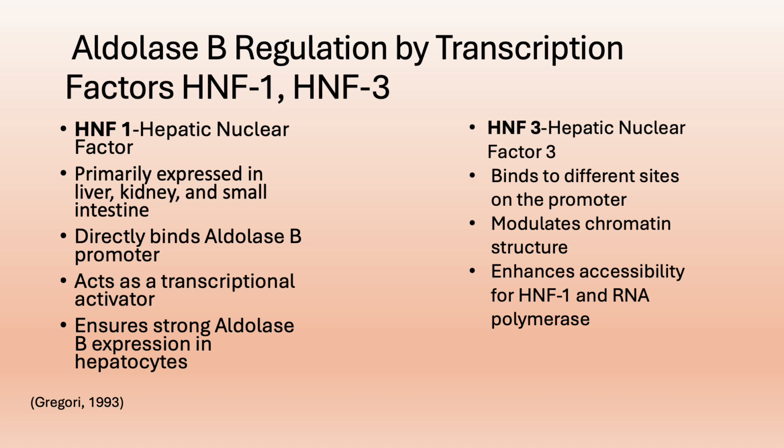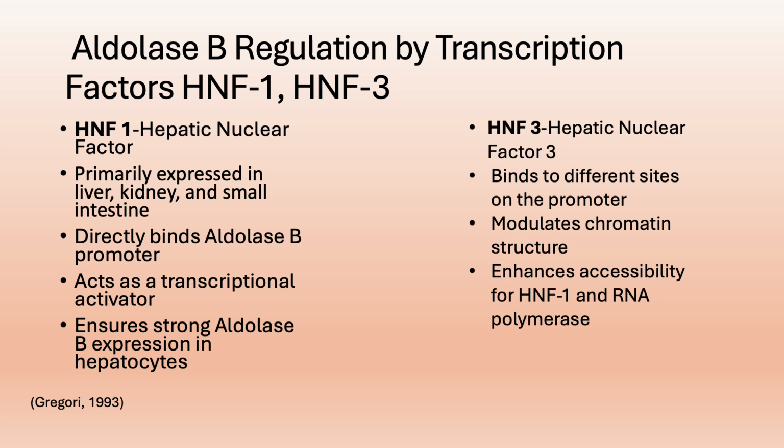So aldolase B expression is a very tightly regulated process. It's important for maintaining metabolic health. HNF1 is the primary activator, and HNF3 enhances those conditions needed for efficient transcription. And together they ensure that the body can effectively process glucose and fructose and maintain energy homeostasis.